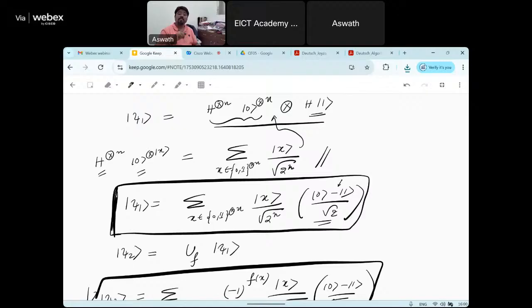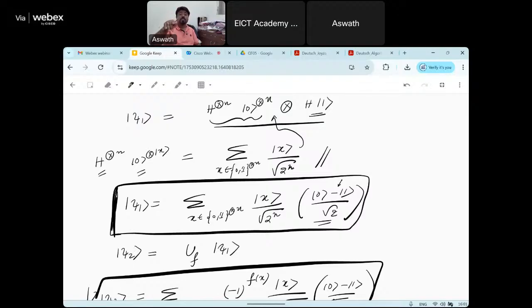Not only that, whether a function is balanced or constant, that we can find. The function would take either 0 or 1. Let's say it takes all zeros, it is constant. If the function takes all ones, it is again constant. If the function sometimes takes 0, sometimes takes 1, but equally with 50% chance, then it's a balanced function.